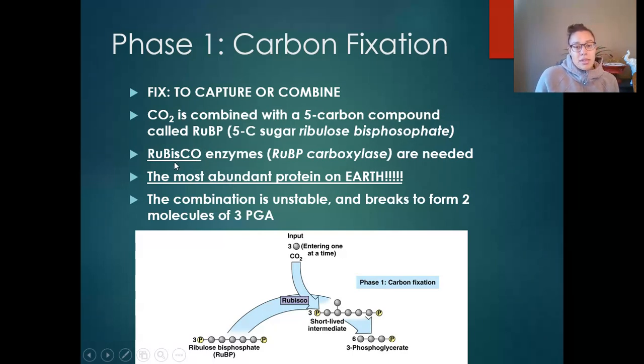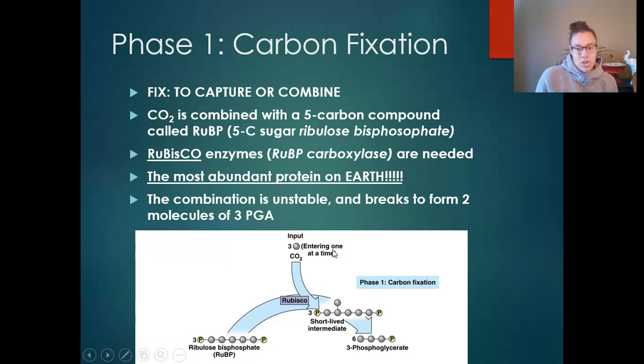So that's an important enzyme that's involved here. This was one of the molecules that I referenced way back in our biochem section that was really important to look at. So if you ever research Rubisco, you'll see that it's the most abundant protein on Earth and super important. Okay. All right.